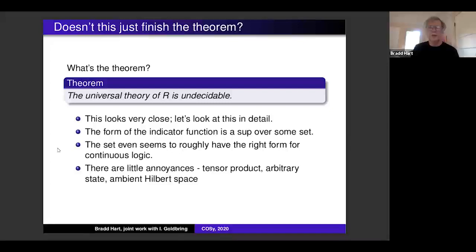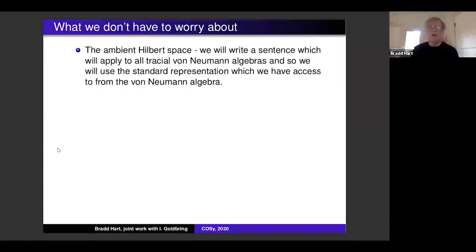Let's deal with some of the things that are easy to deal with. On the level of dealing with an ambient Hilbert space, this can be taken care of. The sentences we're going to write down are going to be in the language of tracial von Neumann algebras, so we're always going to have access to the standard representation. So the ambient Hilbert space, just having an HA and an HB, you can replace that with L2, and that will be okay.